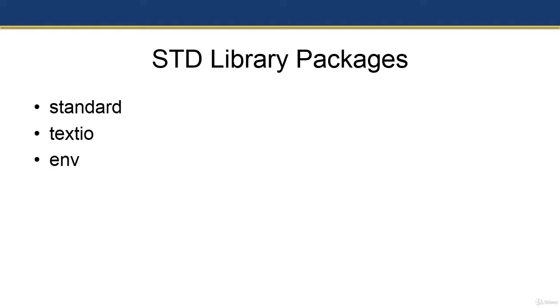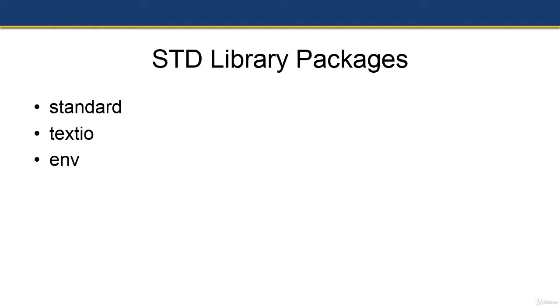Let's chew through some standard library packages. In the std library, there are packages. The standard package is the one we've talked about before, which is basically part of the language, which gives us our bit vector, integer, real, time.